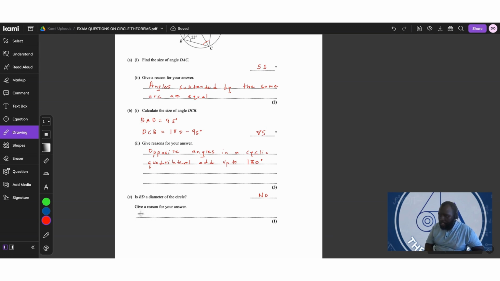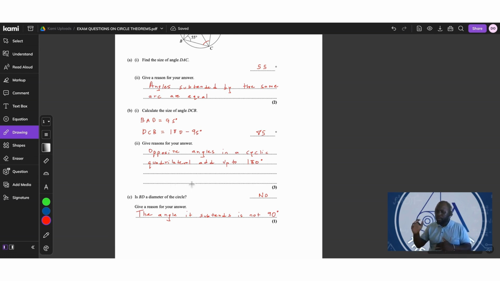So we say that the angle it subtends is not 90 degrees. So the angle is 95 degrees.